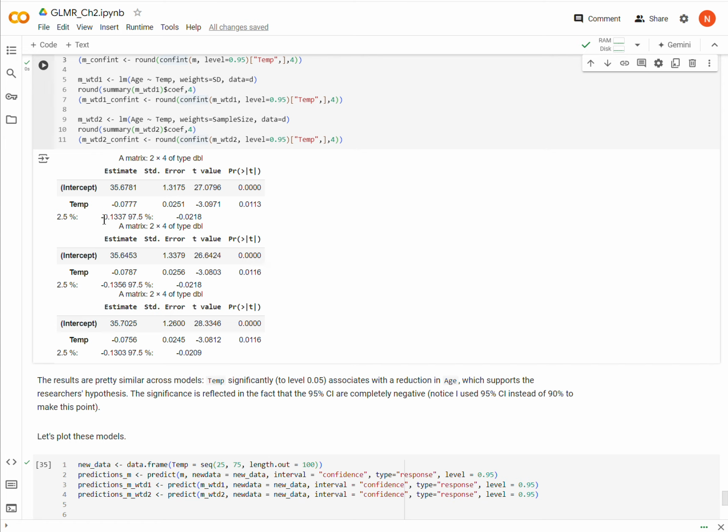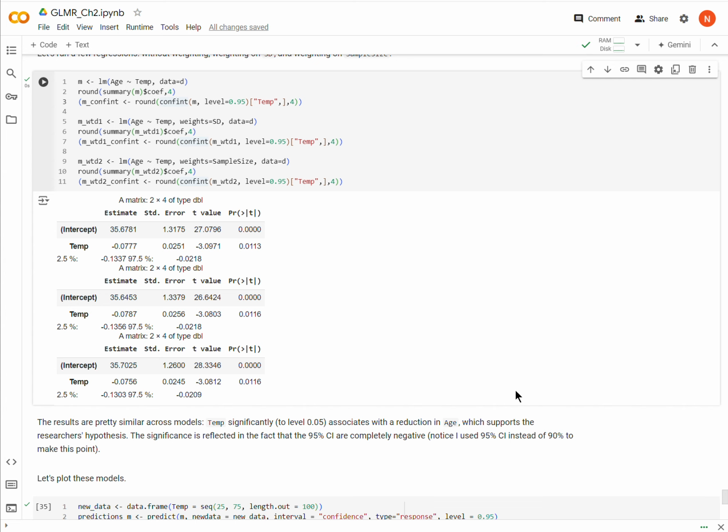It's also signified by the fact that the 95% confidence intervals are completely below zero, right? They're all negative, negative, negative, negative. If something is significant at 95%, at 0.05, it means that the 95% confidence intervals are going to be completely on one side of zero or the other.